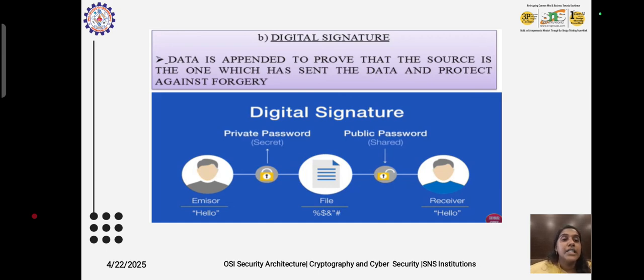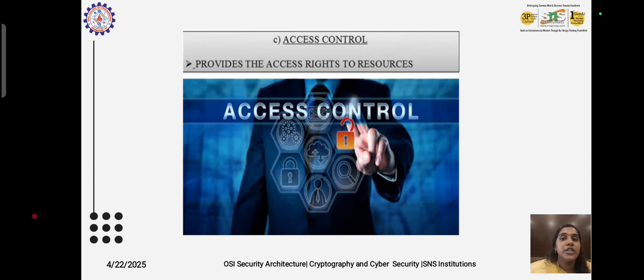The sender sends a message, hello, and the receiver receives the message hello. The sender uses the private key, and the receiver uses the public key. Only with that key can they open the message. It is known only to the sender as well as the receiver. This is a digital signature.